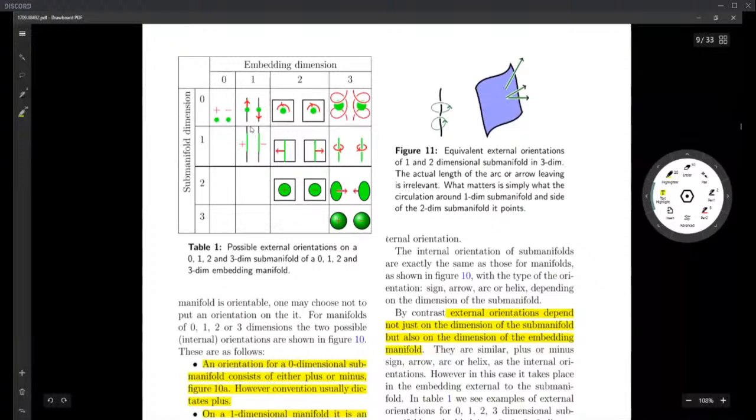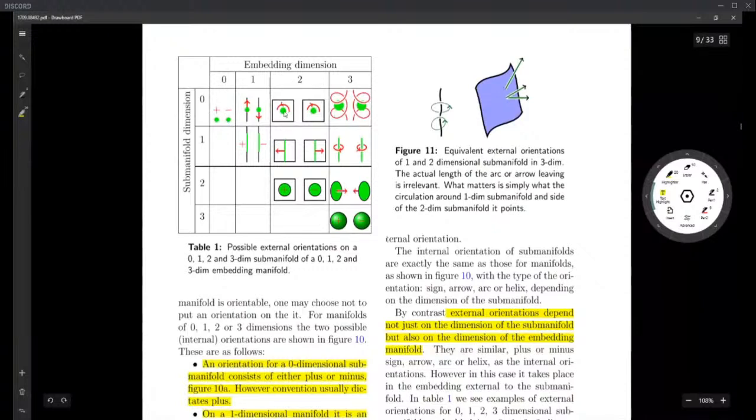For a one-dimensional manifold and a one-dimensional submanifold, you would have plus or minus, and so on and so forth. You can just combine both and take a look at it. You can have a look at this for maybe 30 seconds, and I'll explain it to you meanwhile. So you have a submanifold, like a point right there. This submanifold dimension is 0.